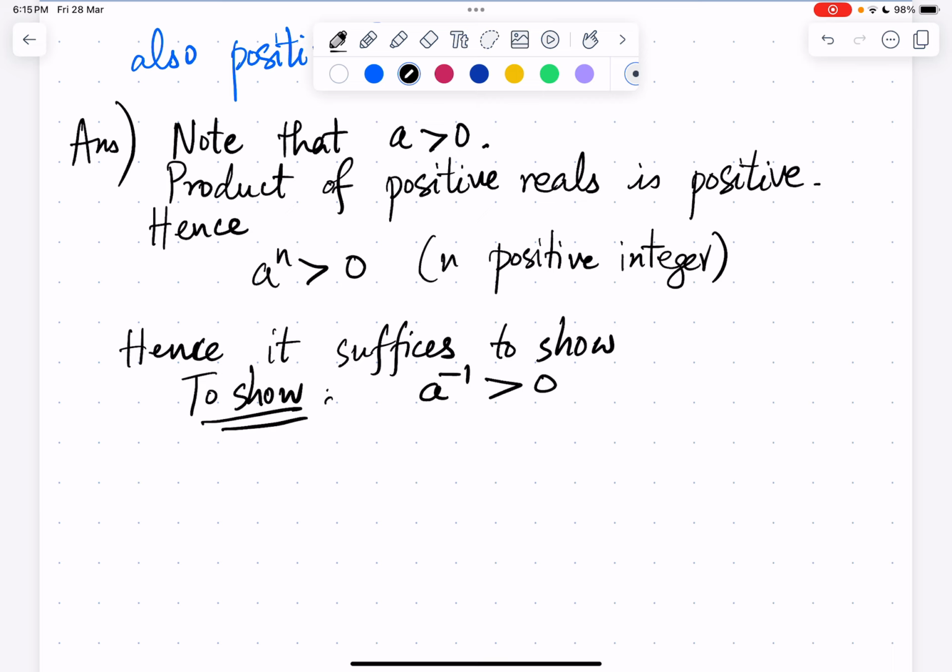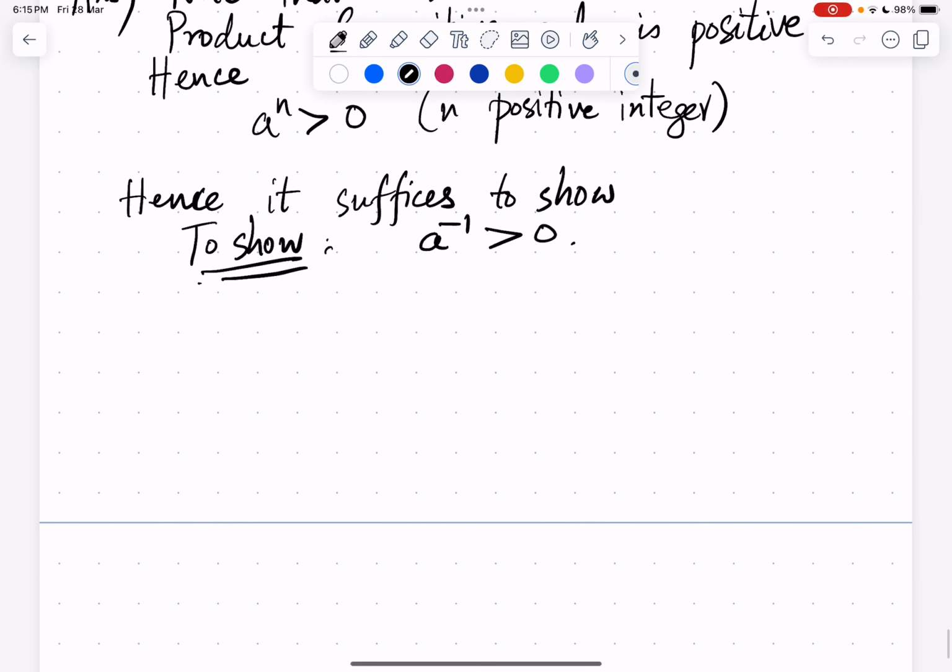It suffices to show the multiplicative inverse is positive. Then we will have shown that all integer powers of a are positive. So to show is that a inverse is positive.